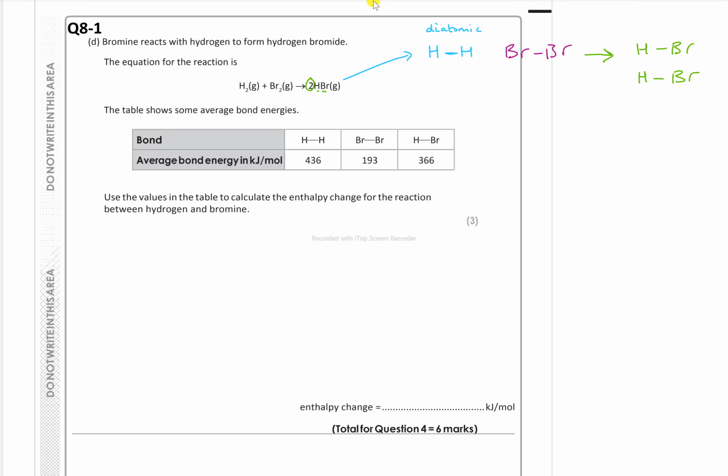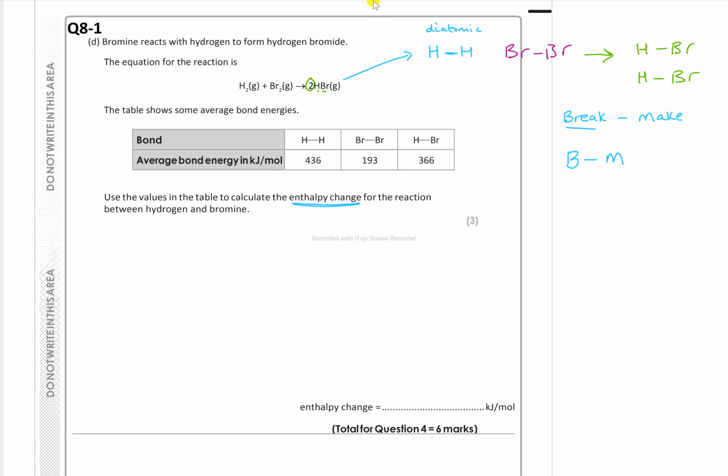Right, how do you work out the enthalpy change, the change in energy, for this sort of reaction? What you do is you do break minus make. This is how I remember it. Break minus make.